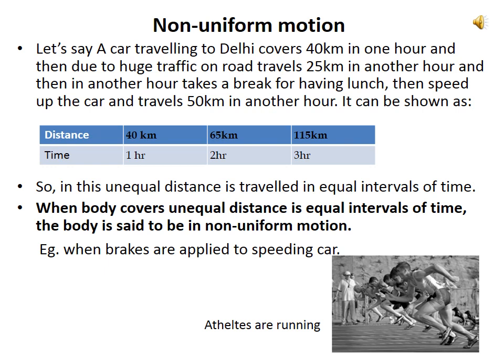So the distance covered in 1 hour is changing. Another example: when brakes are applied to a speeding car, the distance is covered unequally, and it may stop at last. The distance is covered differently in equal intervals of time, so it is said to be in non-uniform motion.